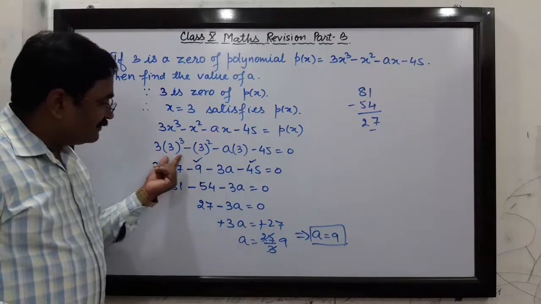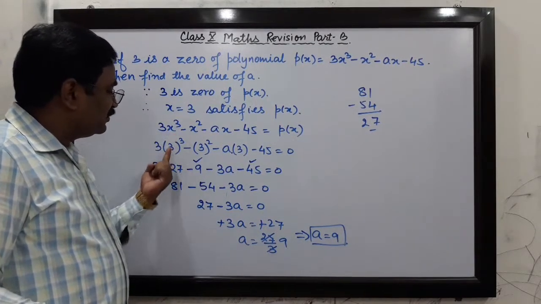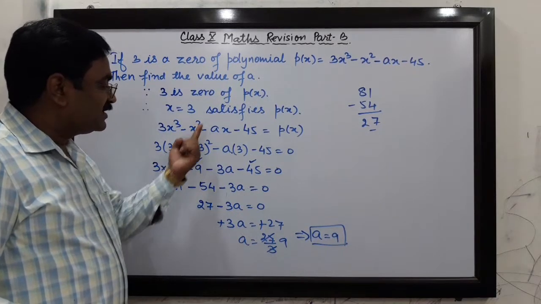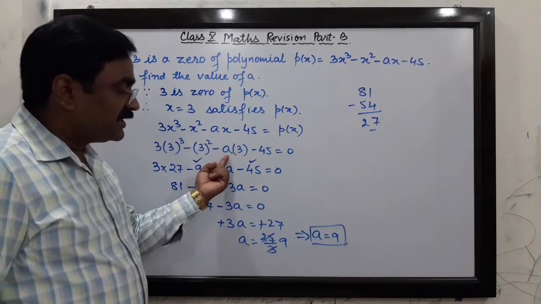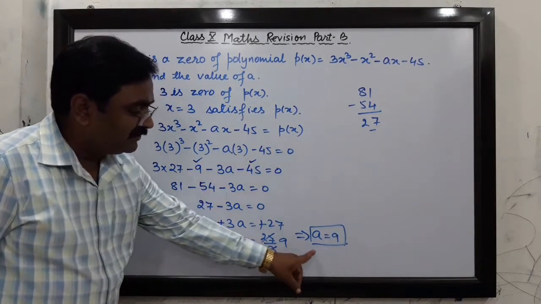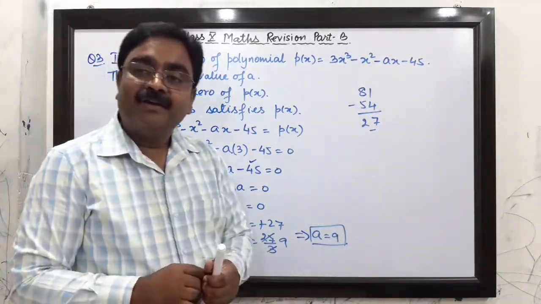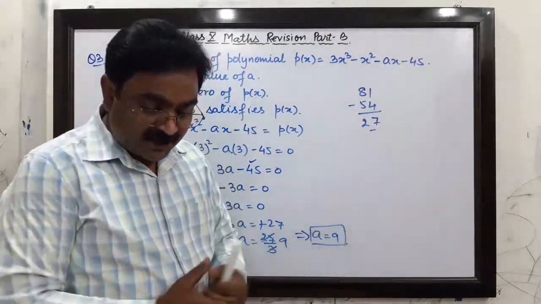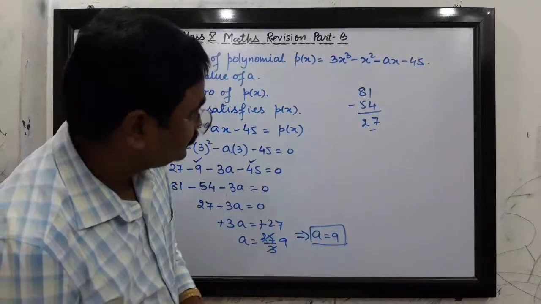Now we have substituted 3, 3 into x cube, it was 3 cube, minus x square, 3 square, minus a into x, it means a into 3, minus 45, और हमने इसको simplify किया, we got the value of a which is 9. Right? Let us move on to the next question, question number 4.